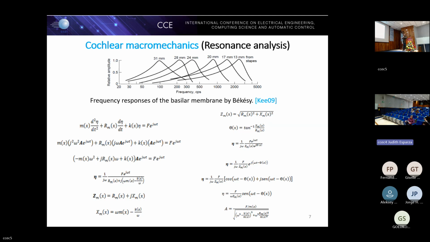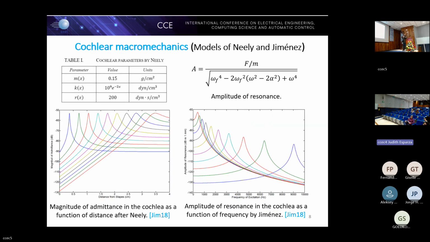The next. In the work of Neely, he proposed these values and their variation along the basilar membrane. He presents this graph with the distance from the stapes corresponding to the magnitude of admittance in the system. I propose to use the frequency of resonance in the solution of the relation, and this is the frequency of resonance.